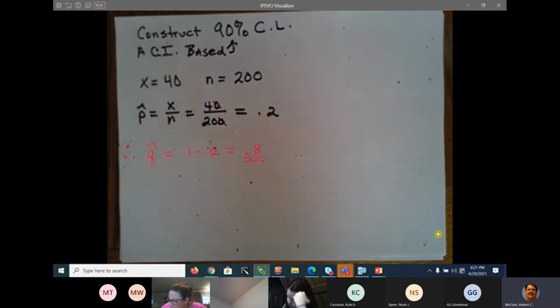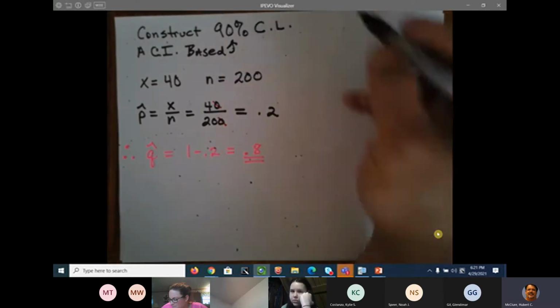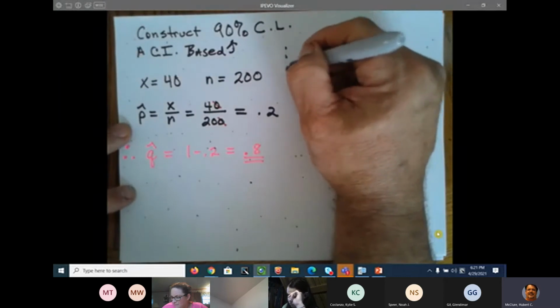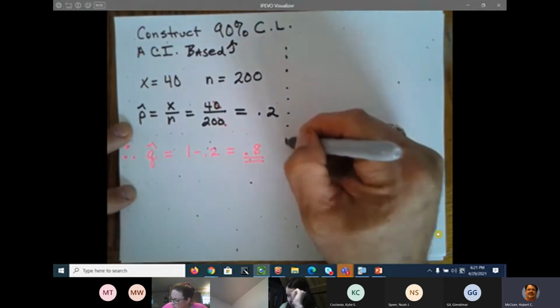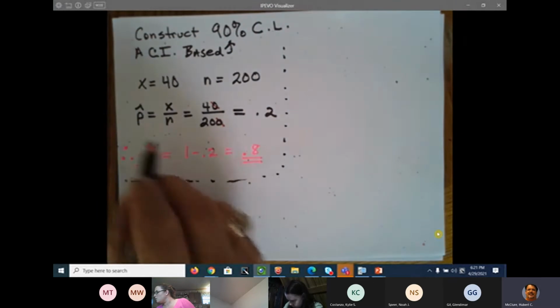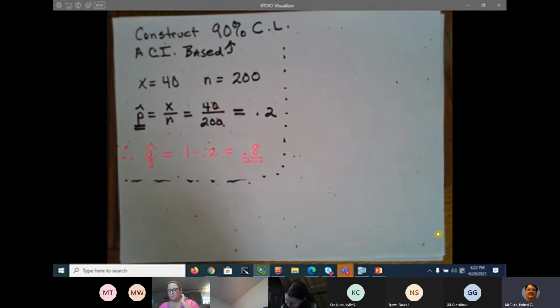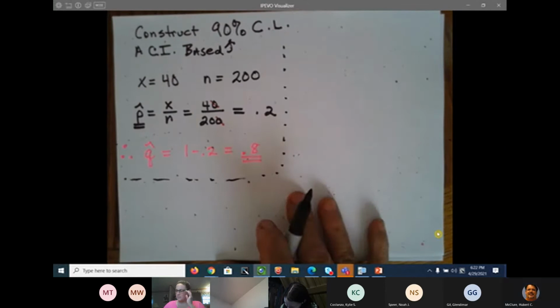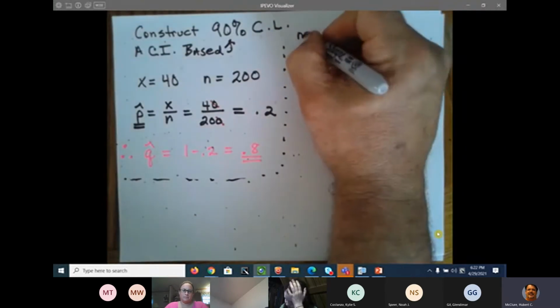Okay, now we got to find the margin of error. So I'm going to draw a little line right here, because we've done what we need to do here. We found P hat, and that's what we needed for the beginning. Now we need to find the margin of error.